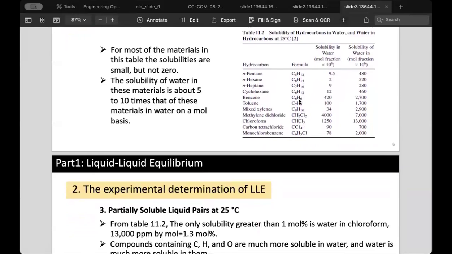This table shows different components: water and pentane, water and hexane, water and heptane, and water and cyclohexane, benzene, toluene, methylene dichloride, chloroform, carbon tetrachloride and monochlorobenzene. And you see the solubility in water is quite small. This table reports data at 25 degrees Celsius.